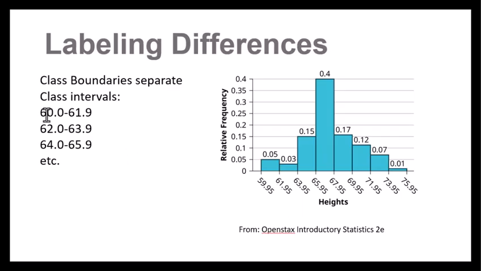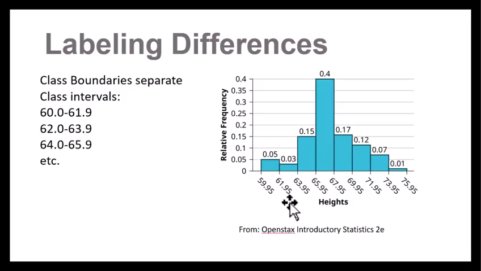The class intervals that they likely used for these classes were 60.0 to 61.9, 62.0 to 63.9, 64.0 to 65.9, etc. You'll notice that if my first class ends at 61.9 and the next one starts at 62.0, that class boundary 61.95 falls exactly halfway between where one class interval ends and where the next class interval begins.